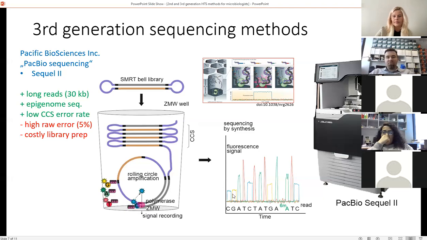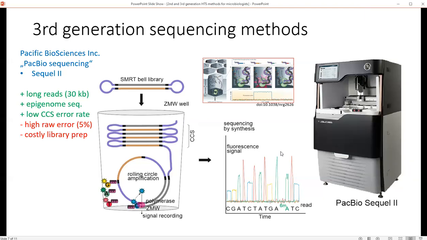And those molecules have different signal times and signal intensities, but again, these can be disrupted when modified bases are incorporated. Thanks to this, PacBio can also efficiently read methylations. The PacBio Sequel 2 machine looks like a giga-sized coffee machine. So it also fills one corner in the room.